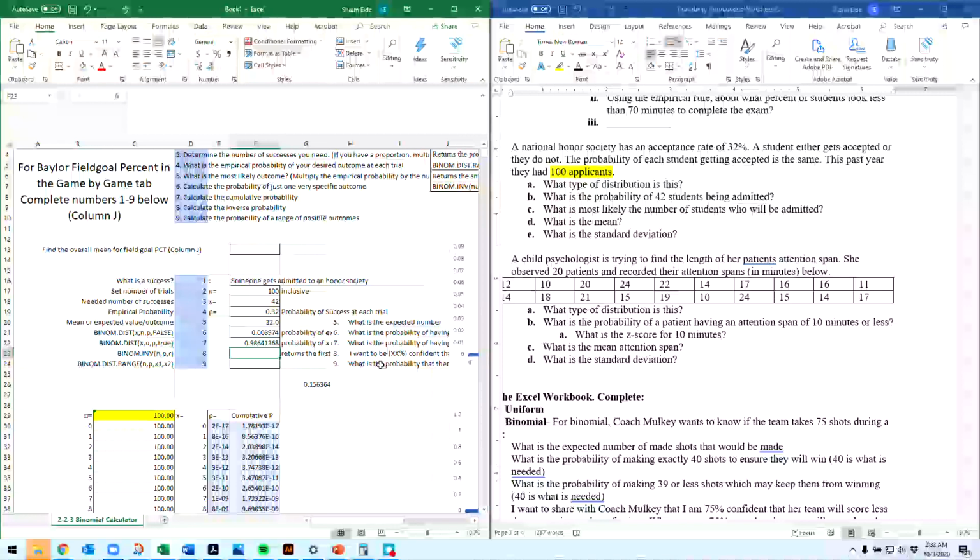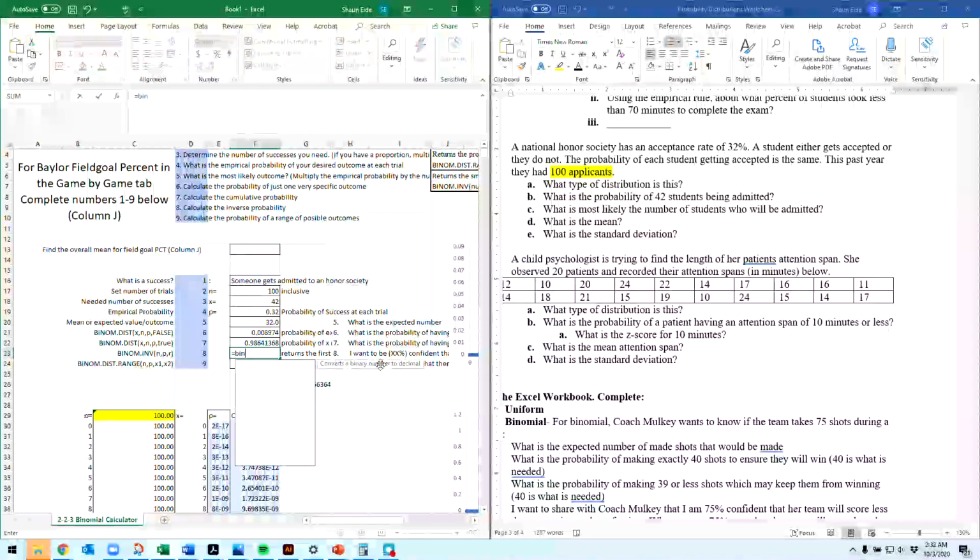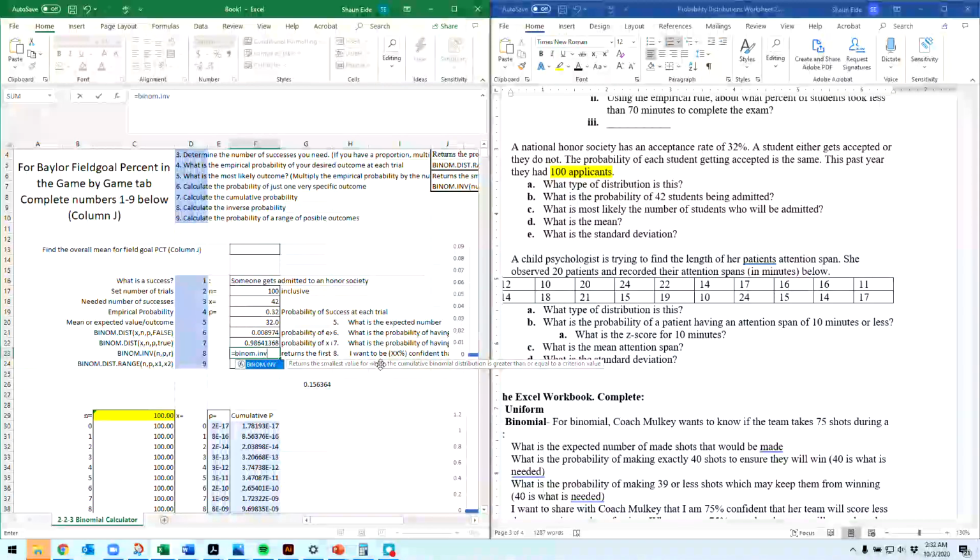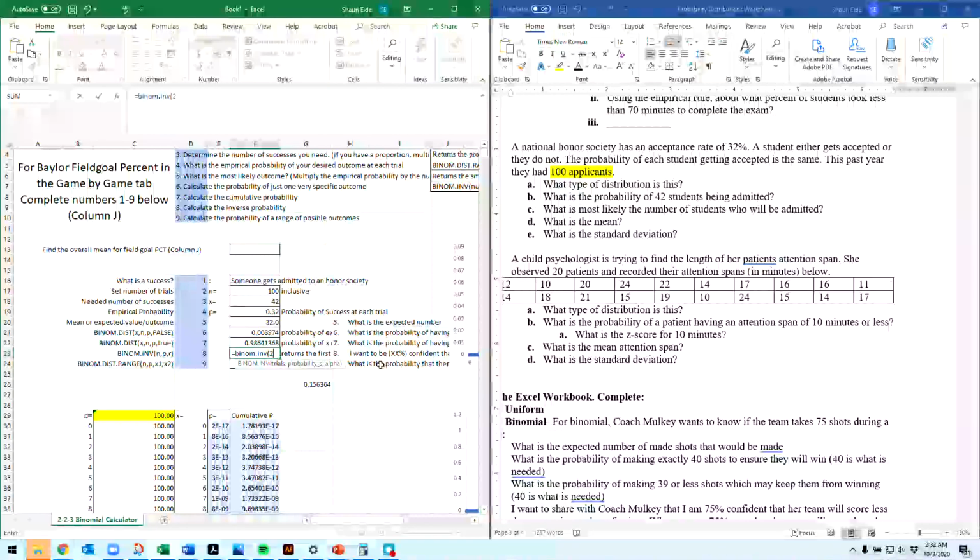And then once again with the binom.inv, the inverse binomial, we are going to do equals binom.inv, and then we're going to put n, which is 100, multiplied by p, or the probability of success at each trial, and that is going to be 0.32.